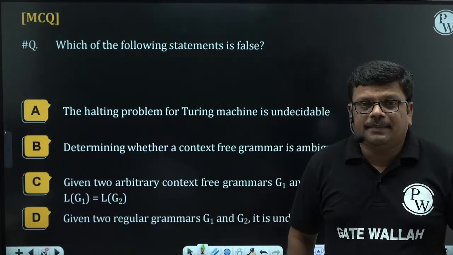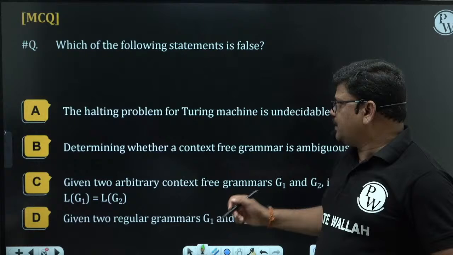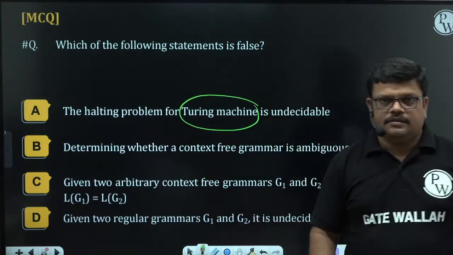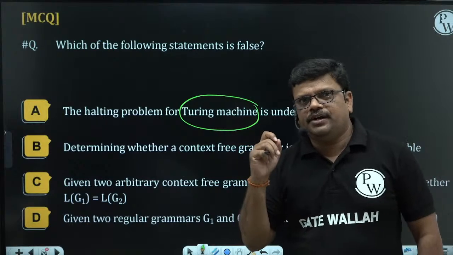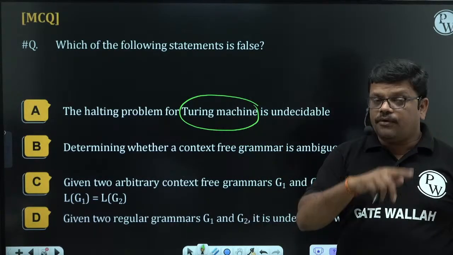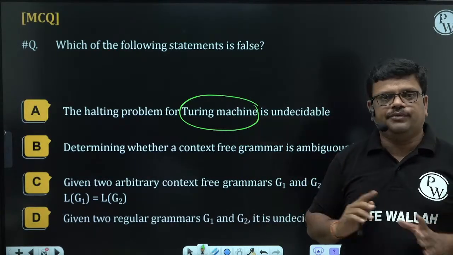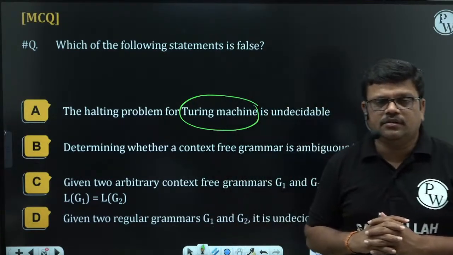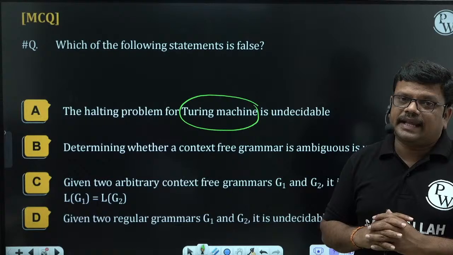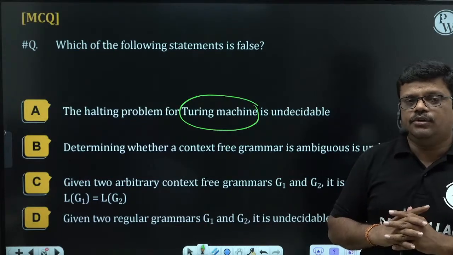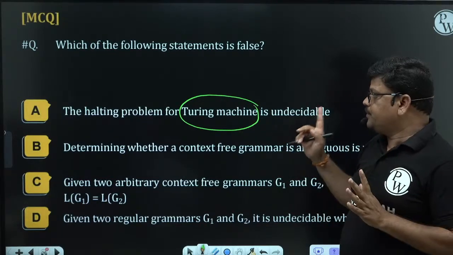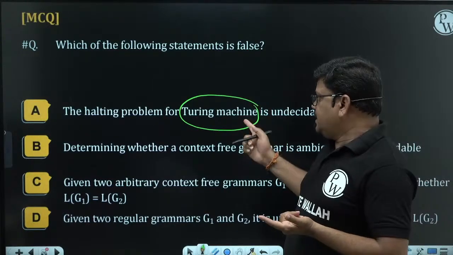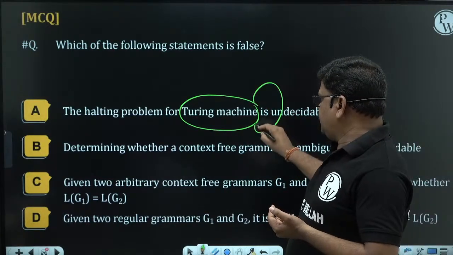In GATE papers, whenever a Turing machine is given, the default Turing machine may or may not halt, and we need to consider that. The REL machine, the recursive enumerable language machine, is the default machine, because the type 0 language, the default Turing machine language, is REL. Halting problem means the general Turing machine has a high possibility of falling into a loop.